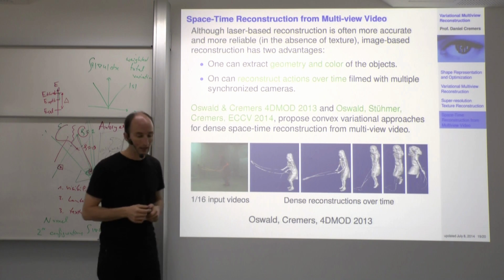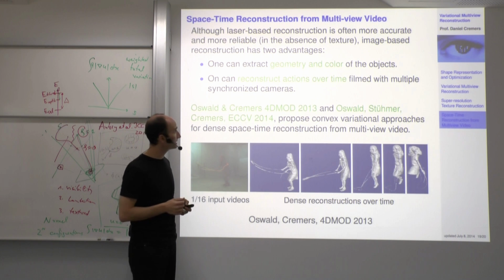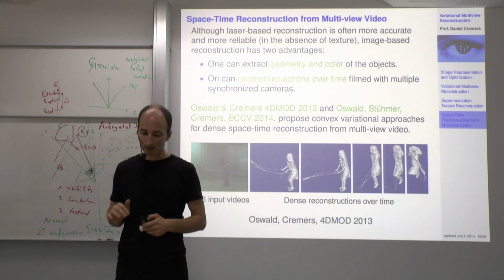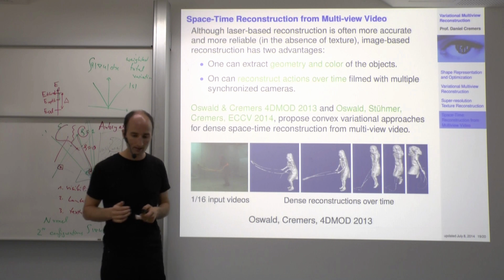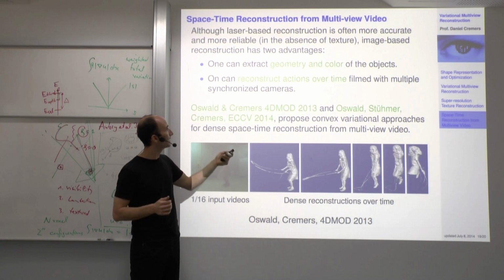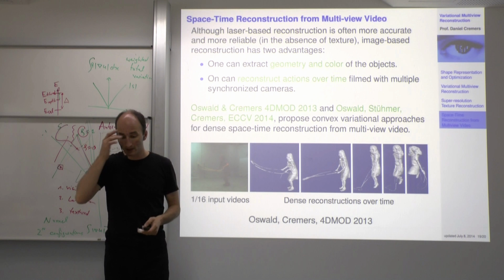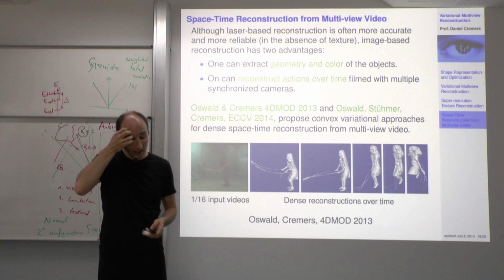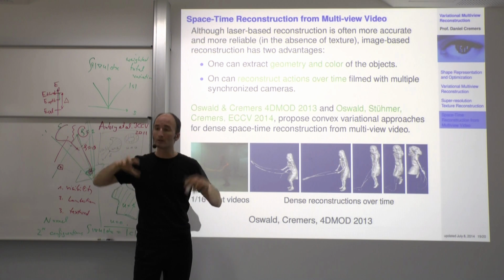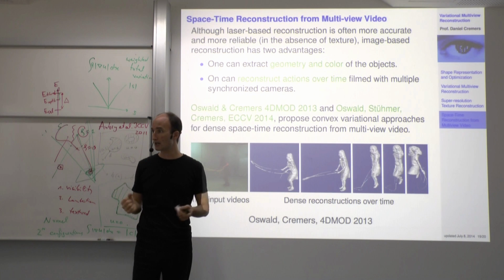The other thing I can do with cameras that I cannot really do with lasers, or at least that is very difficult with lasers, is I can reconstruct actions over time. Why? Because I can film an action with multiple cameras synchronized, right?